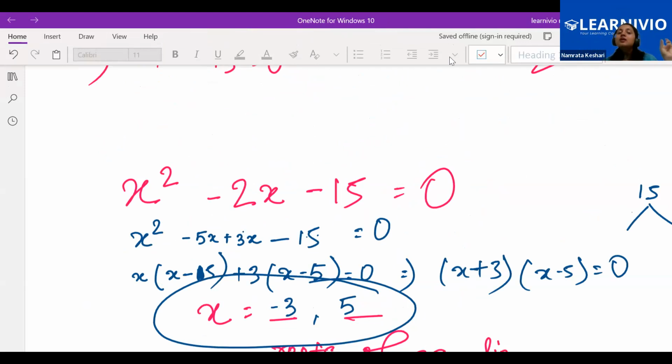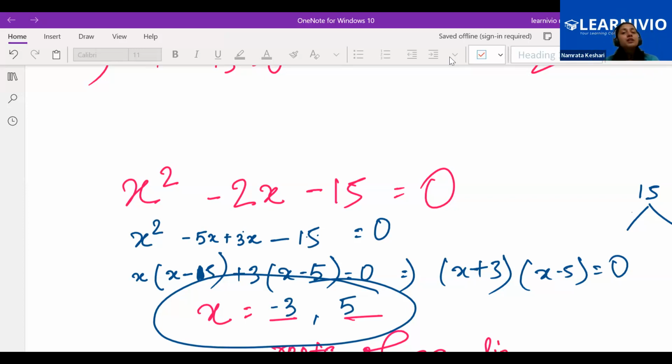So there is a quicker way of checking whether we are going to get the root as a real number or not. Now you must be thinking that every time we solve it, we get a positive number, negative number, whatever number, that's a real number. But let me tell you, every time we will not be able to do the factorization. Till now we have given you such quadratic equations which are solvable, where factorization is possible.